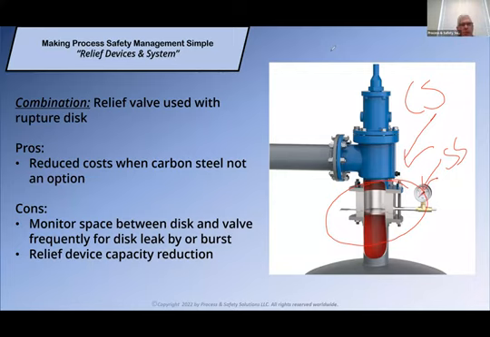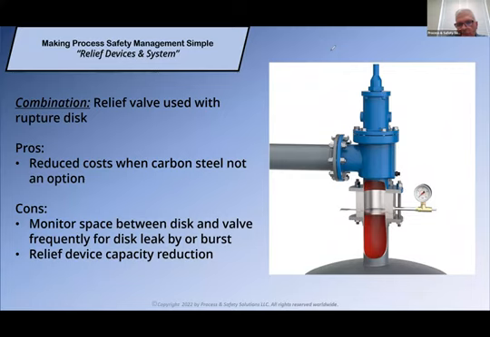So the cons are you still have to monitor this space in between here. And this is something we see quite often, where if you've got a space right in here, you've got an area that, if this rupture disc here was just to leak by just a little bit, the pressure comes in here.